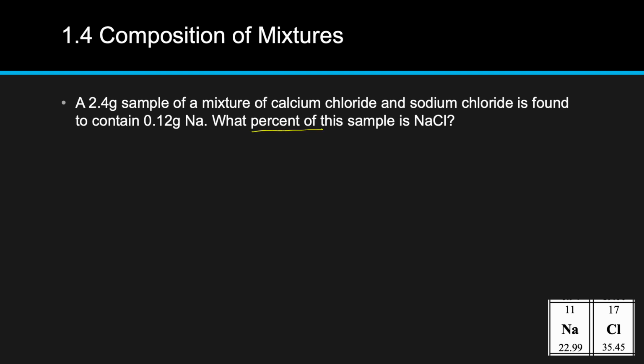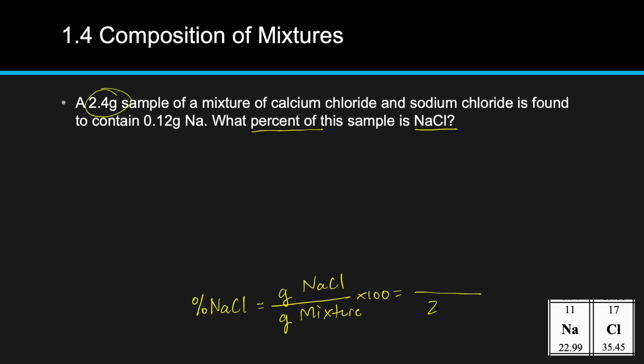So percent of NaCl. I know if I want to solve for percent NaCl in the mixture, I need the mass of NaCl over the mass of the entire mixture, and then I would multiply that by 100. Now, I already have the mass of the mixture because it was given to me.